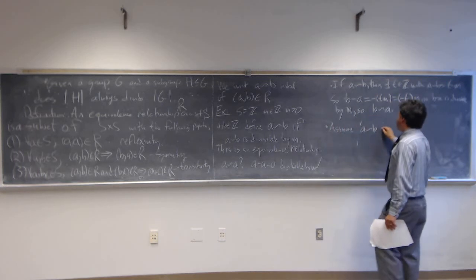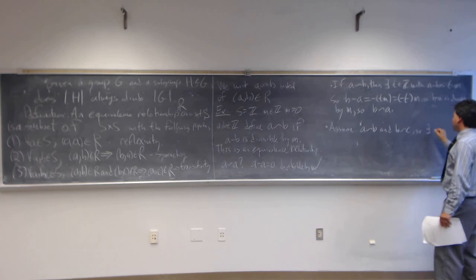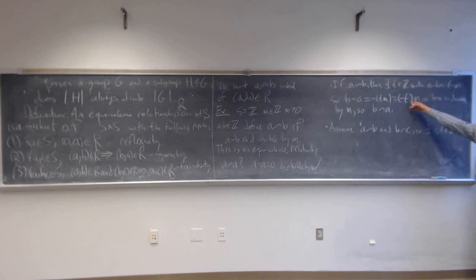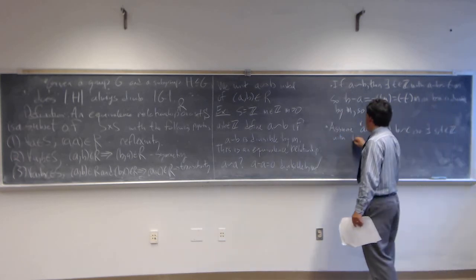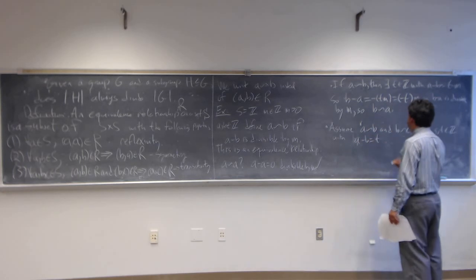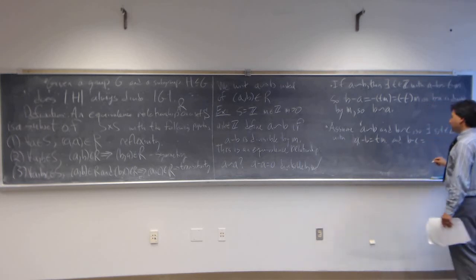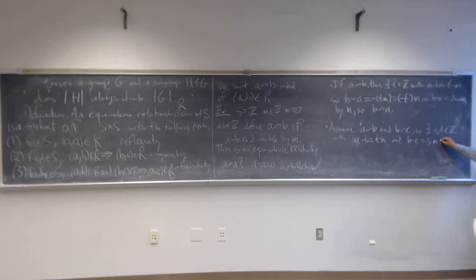And transitivity. We assume A relates to B and B relates to C. So that'll give us two integers, S and T. Again, we're reusing T. So A minus B is T times M, and B minus C is S times M. So what does that tell us?